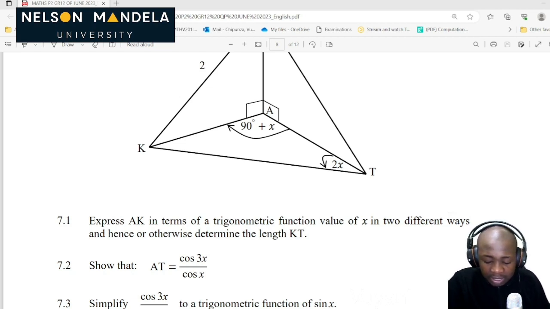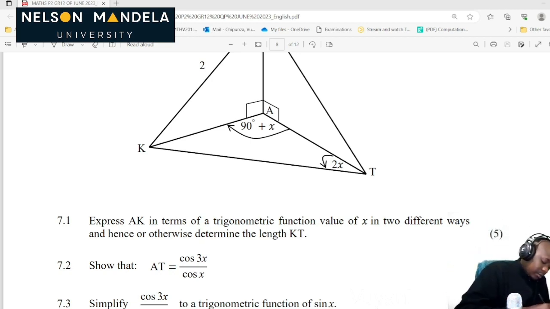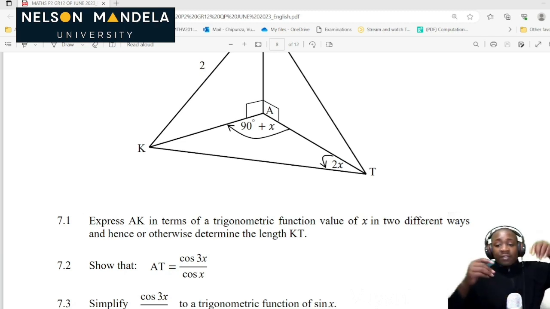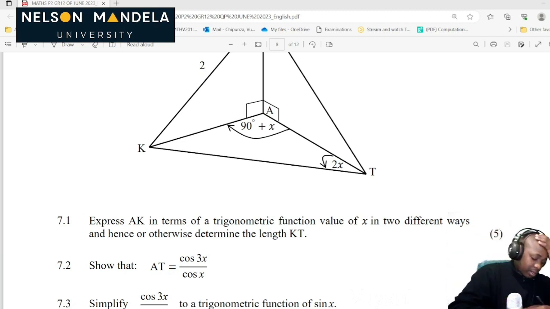So everything is already easy there because we can see the other missing angle, the angle TKA, is equal to 90 degrees plus x plus 2x minus 180 degrees. Then after that, we can end up having that angle TKA to be equal to 90 degrees plus 3x.